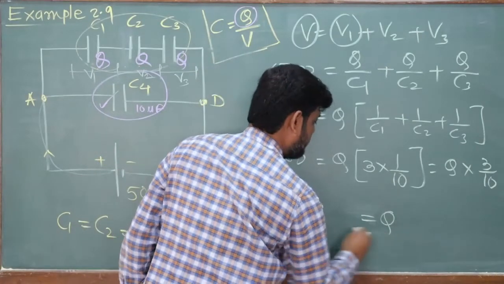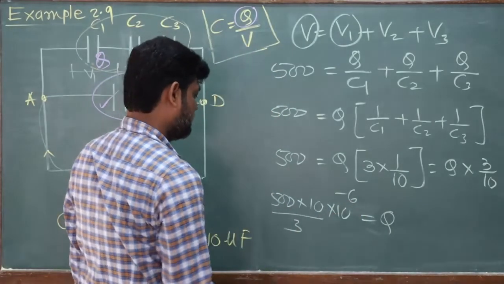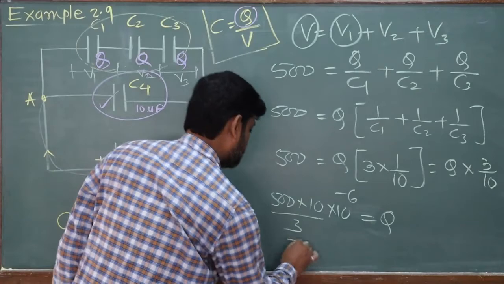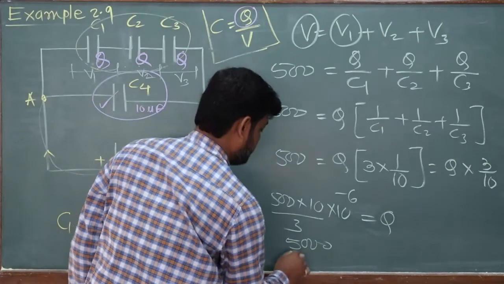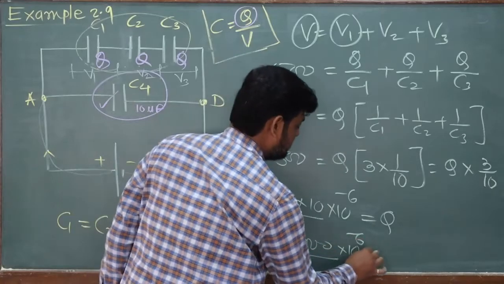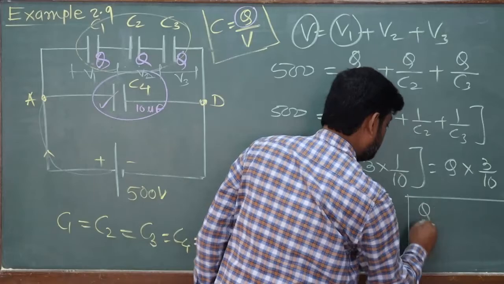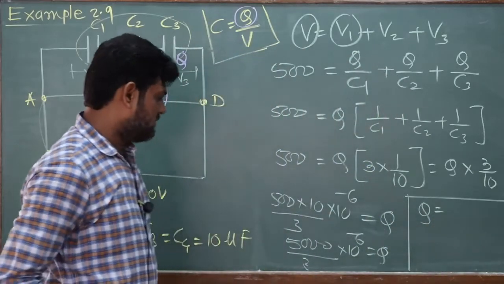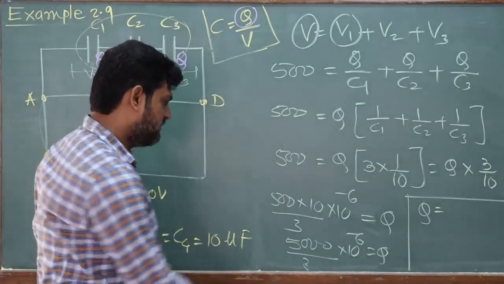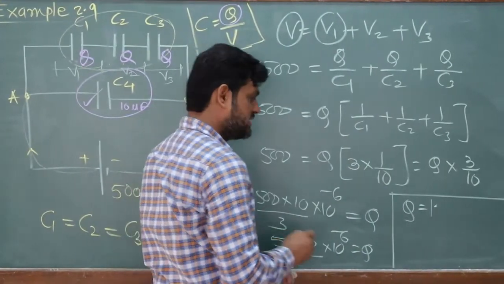For microfarad we will write minus 6, correct? So 5000 divided by 3, times 10 to the power minus 6, equal to Q. Again Q equal to, 5000 means 10 to the power plus 3, and 5 divided by 3 becomes 1.6666, so we can write 1.7.